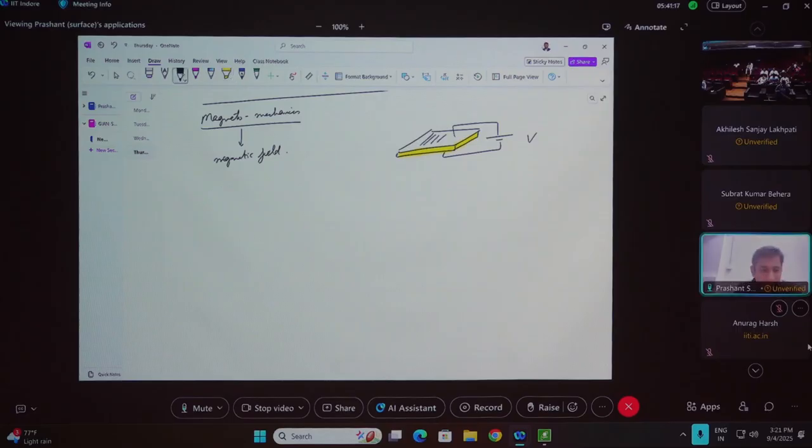But in the case of a magnetic field, it is present in the entire space. In the usual applications, it's very hard to restrict the field within a certain domain.